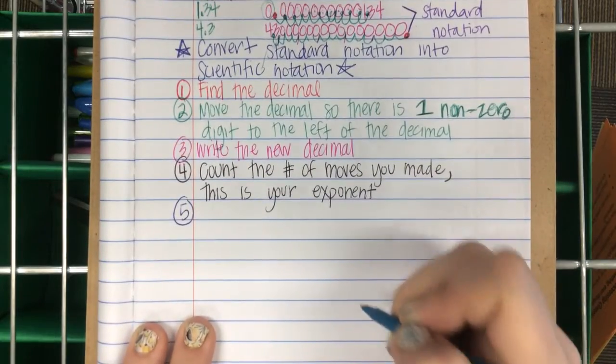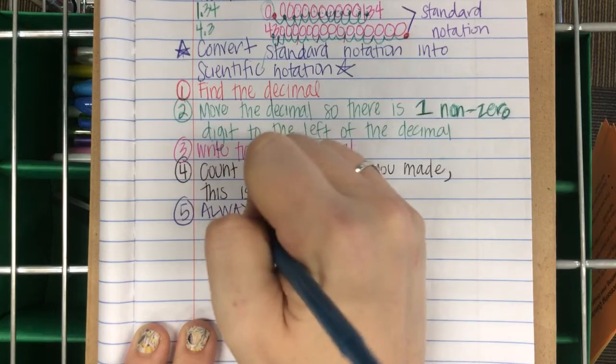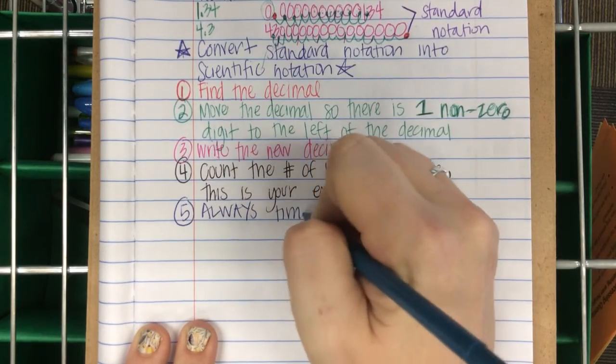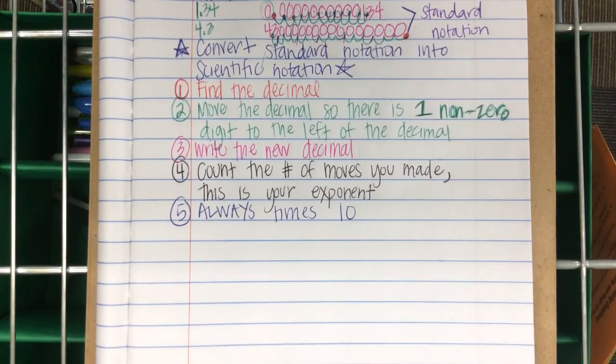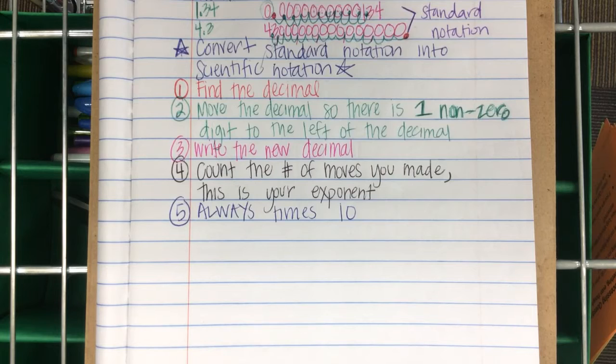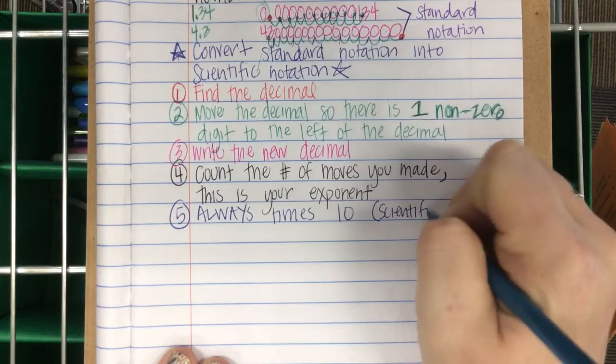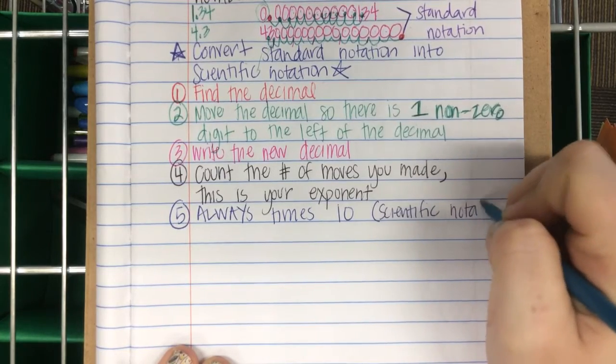Step number 5 is always times 10. Always times 10. And this is scientific notation.